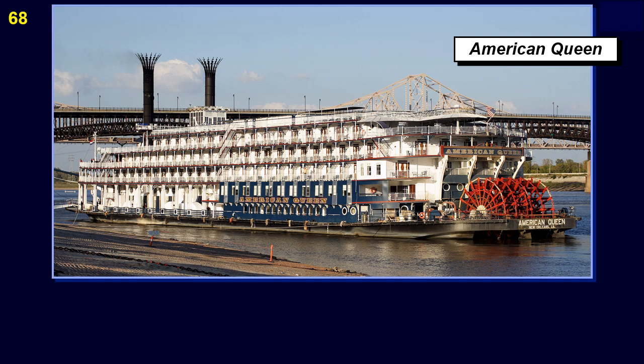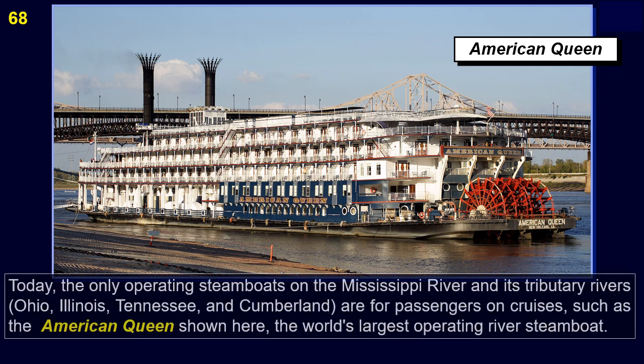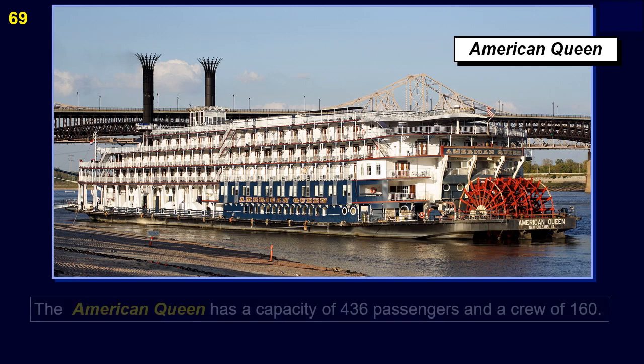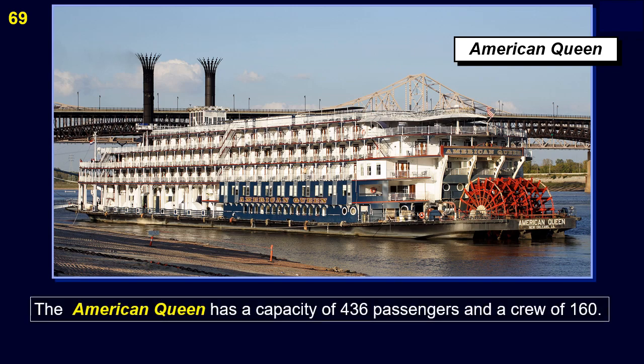Today, the only operating steamboats on the Mississippi River and its tributary rivers, Ohio, Illinois, Tennessee, and Cumberland, are for passengers on cruises, such as the American Queen shown here, the world's largest operating river steamboat. The American Queen has a capacity of 436 passengers and a crew of 160.